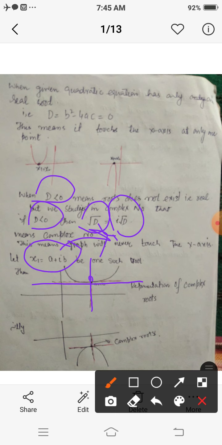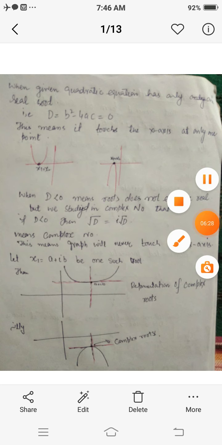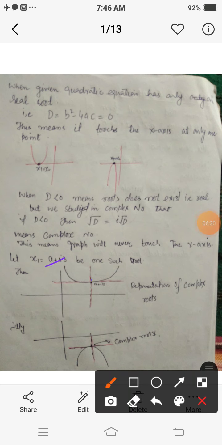You also know that the given quadratic equation represents either an upward parabola or a downward parabola. When it represents the upward parabola and the discriminant is less than 0, its graph is like this. This means that the point x equals a plus iota b is here, through which we can draw two perpendicular lines. This is considered the root of this quadratic equation whose discriminant is less than 0, that is, it has a complex root.